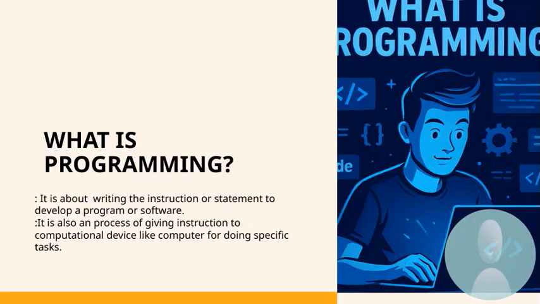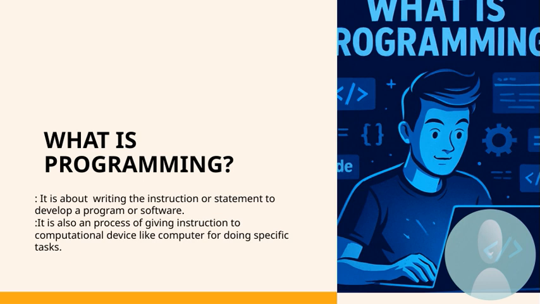Let's talk about what programming actually is. At its core, programming is about writing instructions or statements that help us develop a program or software. Think of it as giving detailed directions that tell a computer what to do. It's not just about writing code, though. It's also a process. When we program, we're essentially instructing a computational device, like a computer, to perform specific tasks.